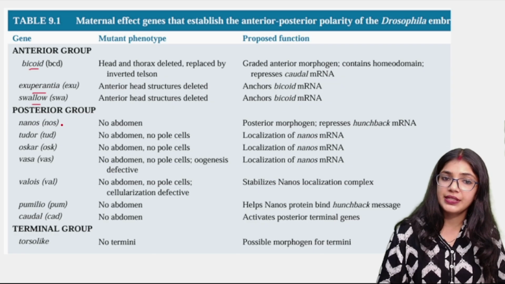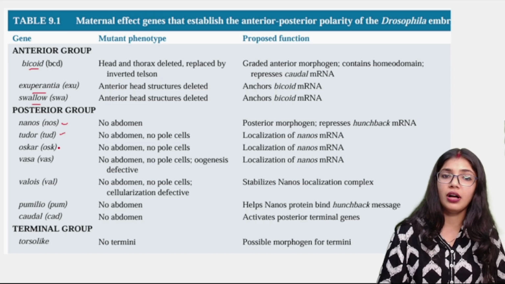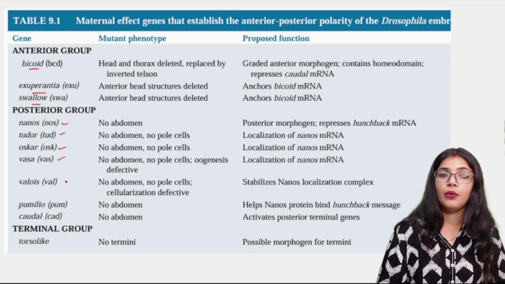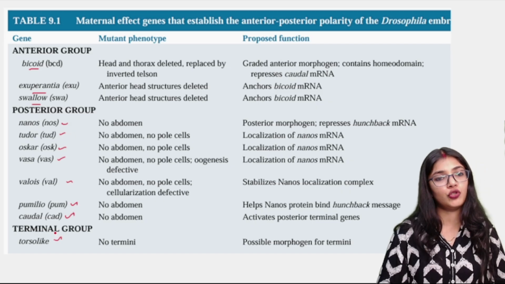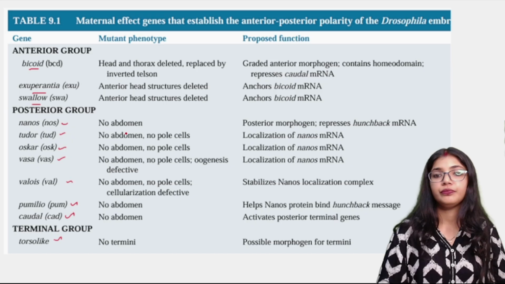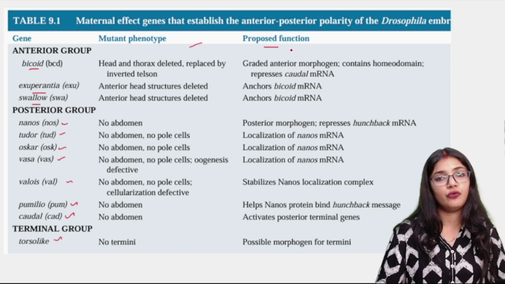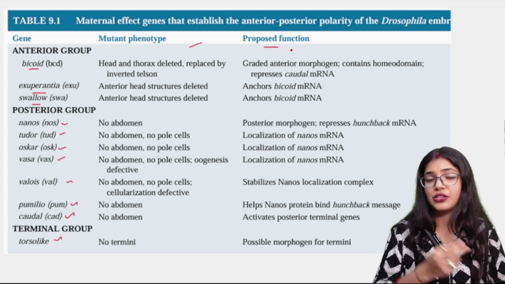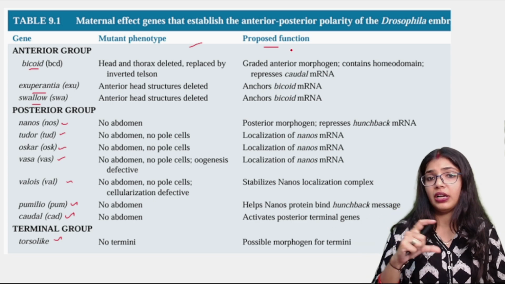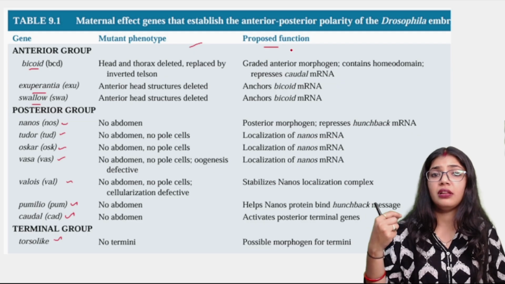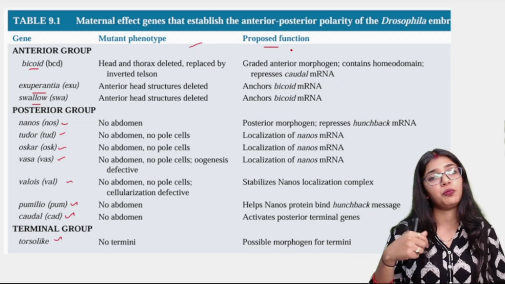The posterior proteins are nanos, Tudor, Oscar, Vasa, Valois, Pumilio and caudal, and the terminal group is the torso-like protein. There are also some functions and mutant phenotypes present. You can take a screenshot and see what factors are responsible, what the mutation cases are and what the proposed functions are.